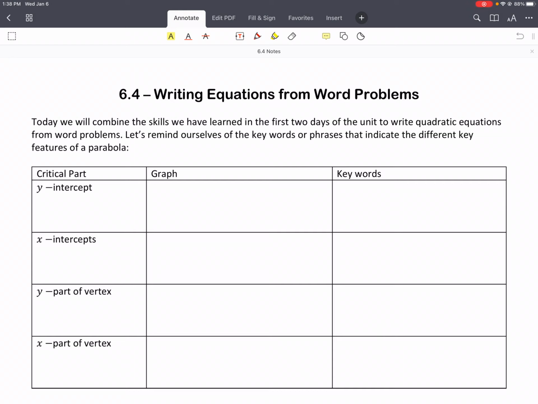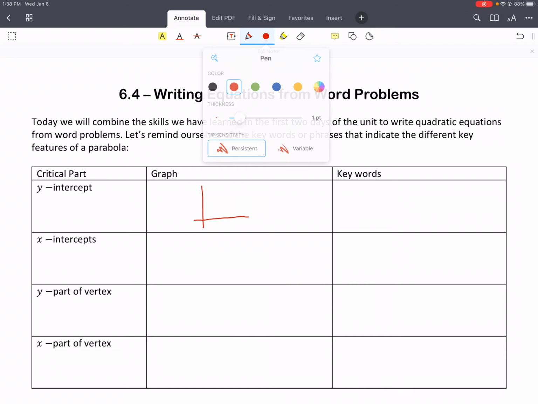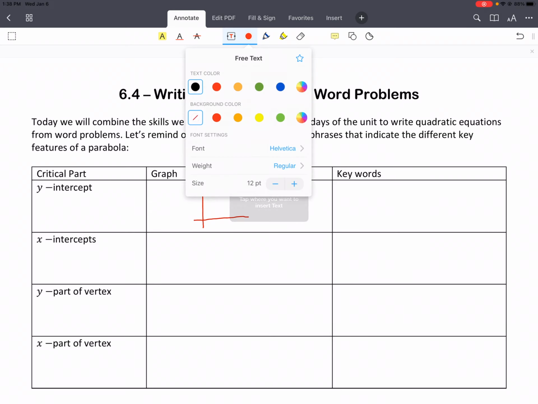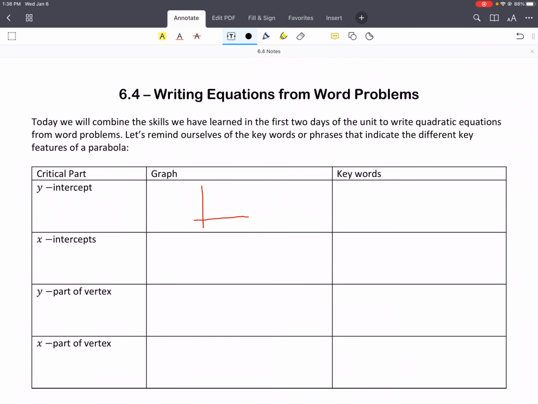so just to refresh you and help you out on this, if you have a graph, like for our y-intercept, you're going to have your graph going on.